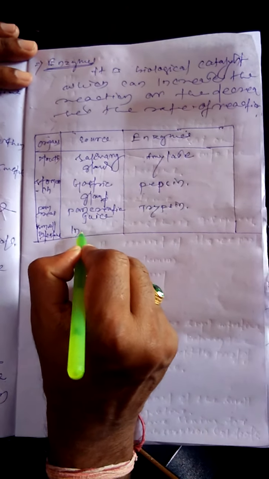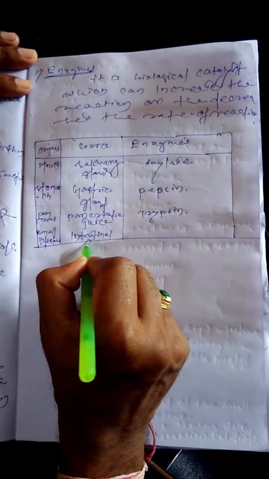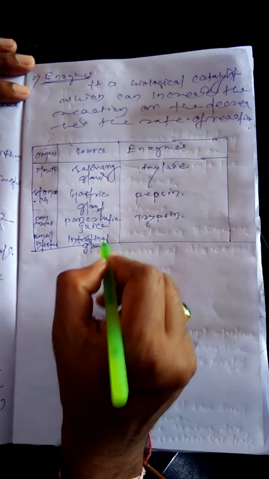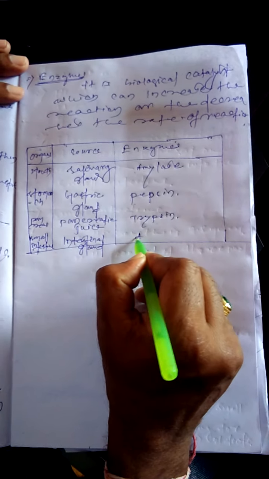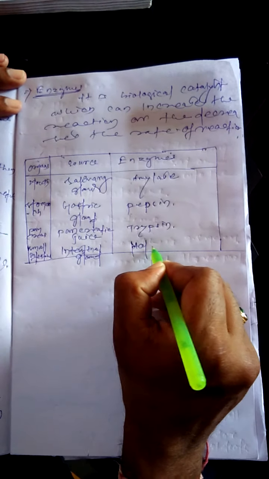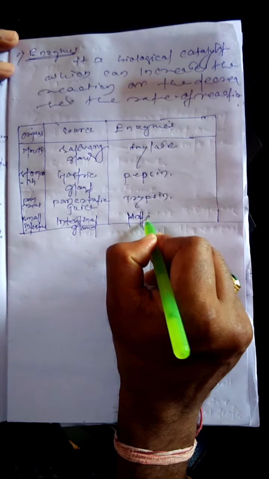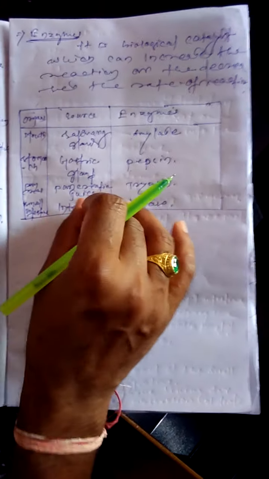Intestinal gland. Enzyme maltase. So these are very important. Keep remember this much for today.